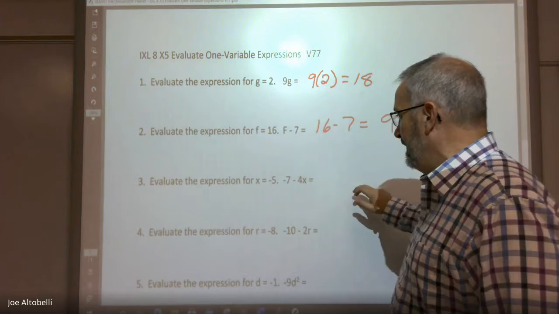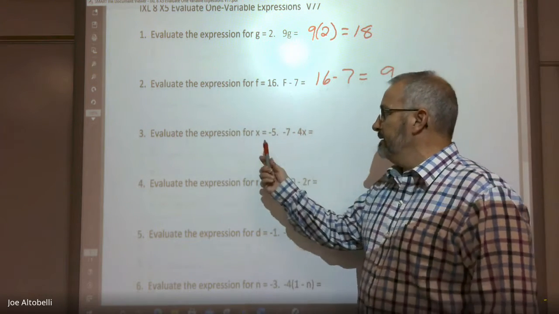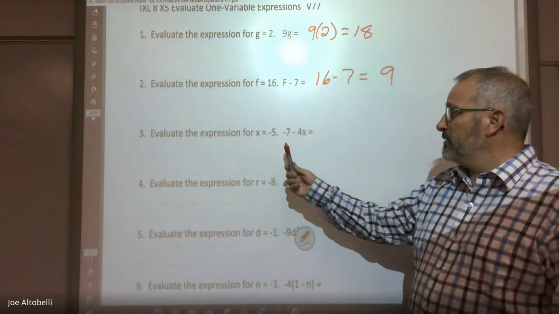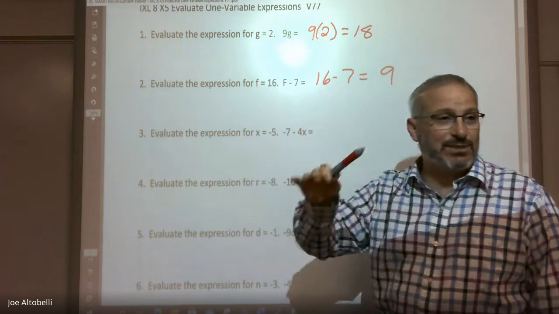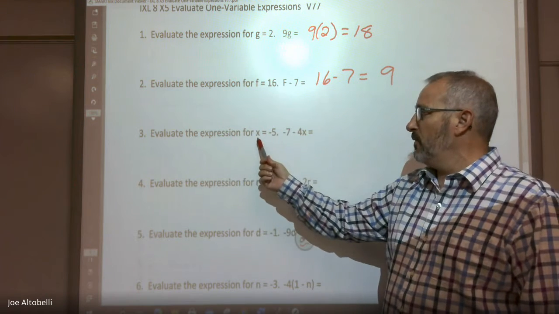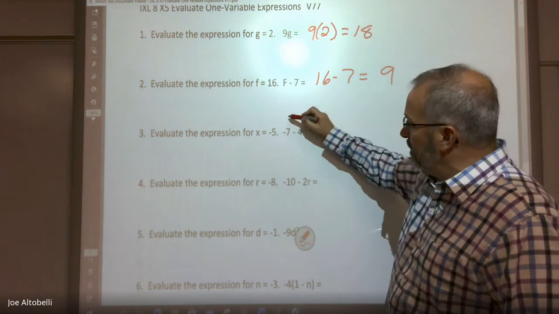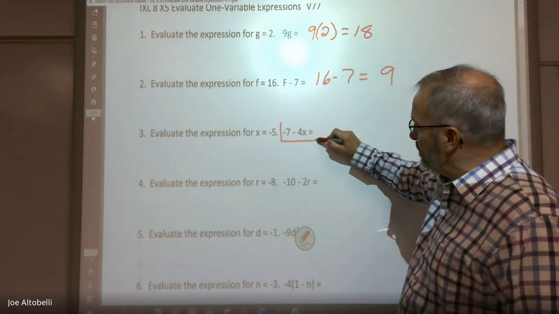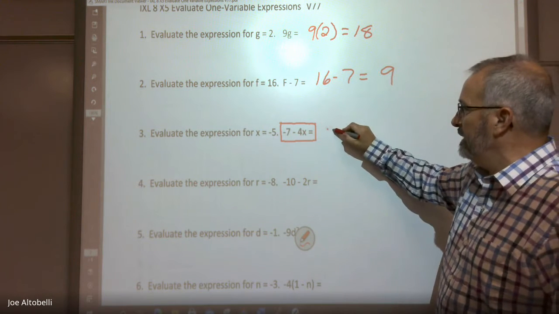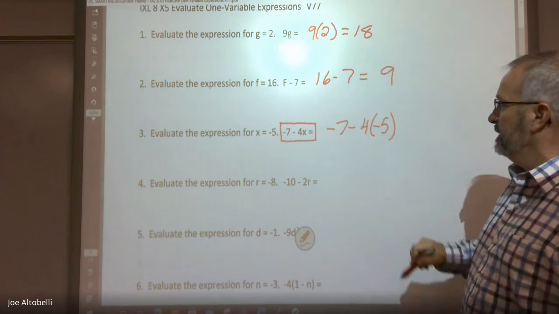And number 3, you have to see that typo, or not really a typo, but make sure you understand what's written here, because again, I'm assuming what IXL has in a different layout, but evaluate the expression for x equals a negative 5. So x equals a negative 5, and then what does this expression equal if x is a negative 5? So that'll be negative 7 minus 4 times negative 5.